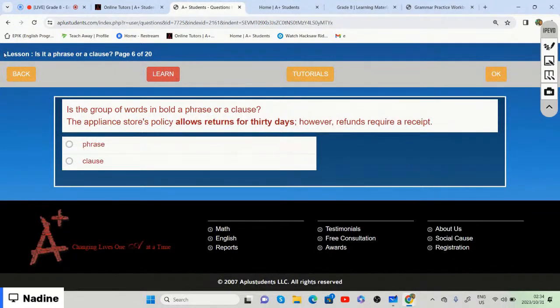And the appliance store policy allows returns for 30 days. However, refunds require a receipt. So we now need to say if this sentence over here is a phrase or a clause.